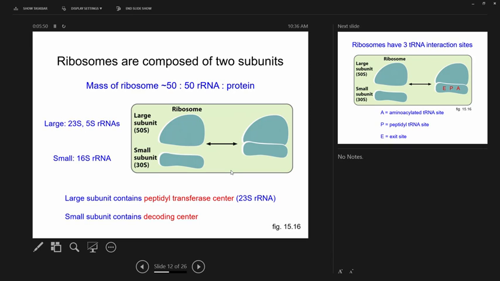So the large and small subunits have numbers on them. We're only learning the bacterial numbers, so 50 and 30, 50S and 30S. The S stands for Svedberg units, and that is a measure of the speed with which they centrifuge through a matrix.